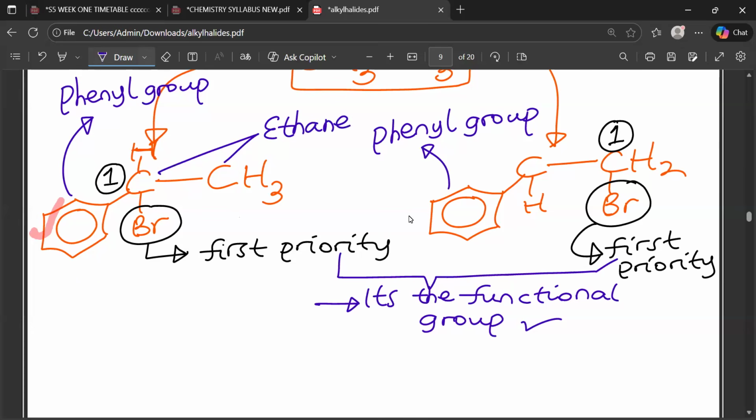Then also these 2 mean our parent is ethane. And you know that this one is also bromo. The 2 carbons mean ethane. We are having a phenyl group, a benzene ring, as a side chain.